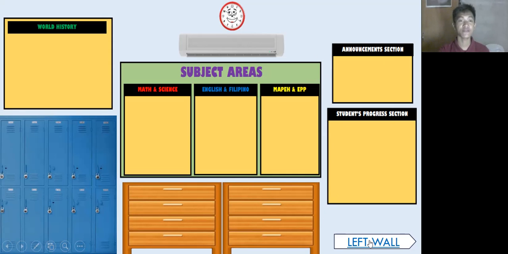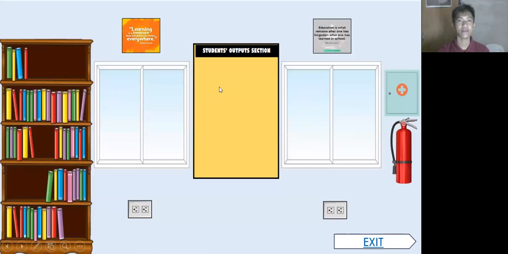Now let's proceed to the left wall. On the left wall we have a bookshelf here on the left corner, and we have a bulletin board for the students' output.